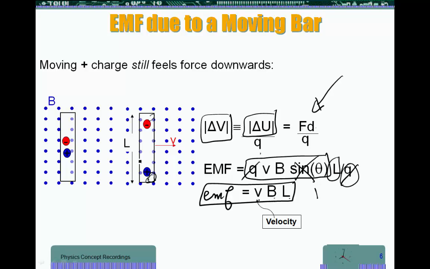And remember from the magnetism chapter, whenever I have a current subject to a magnetic field, that bar is going to experience a magnetic force that's going to be IBL sin theta, where I is the current, B the magnetic field, L the length of the bar, and theta is the angle between I and B.